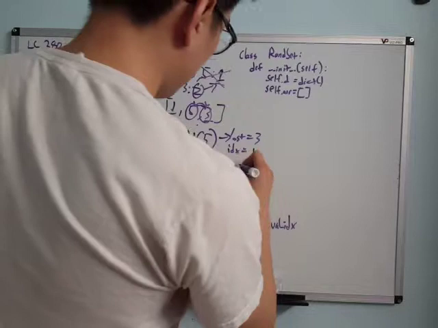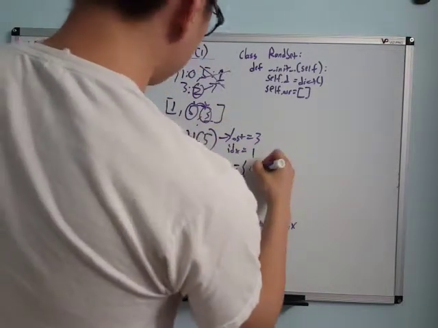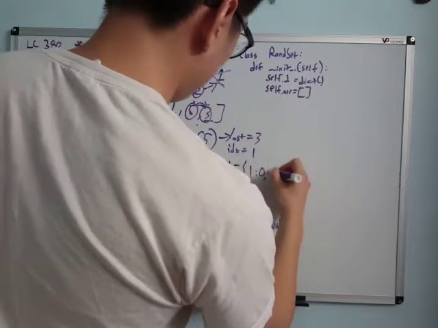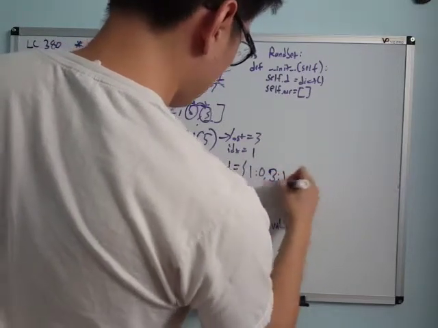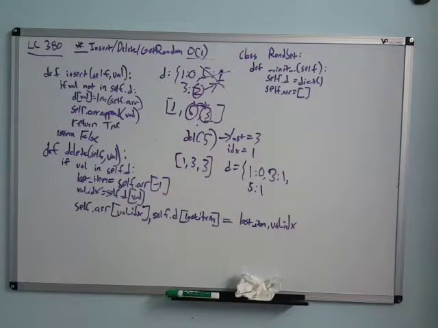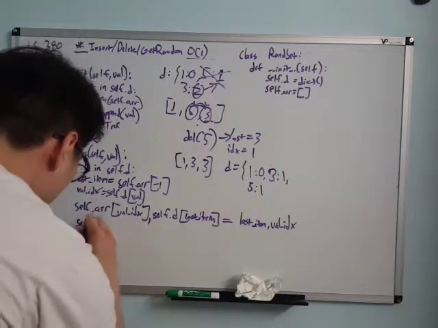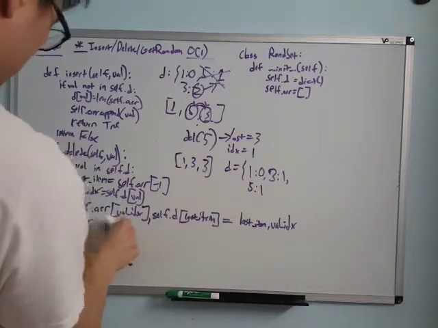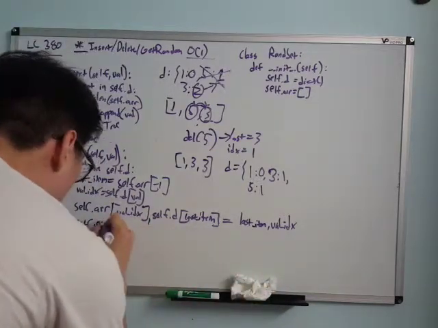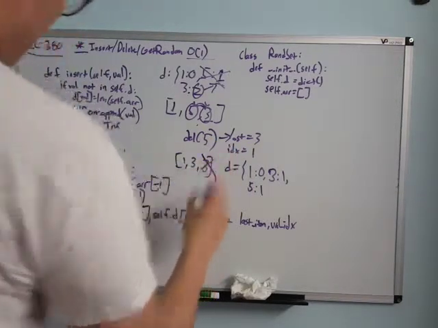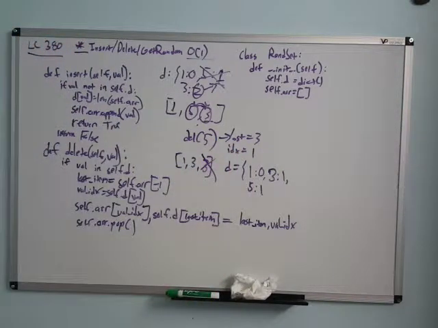So we're changing the dictionary to have the other elements. 1, 0. It still has 5, 1, but it has 3, 1, and 5, 1. Right? And then what we do here is we need to remove that last element. So self.array.pop, removing this element because it's not needed.